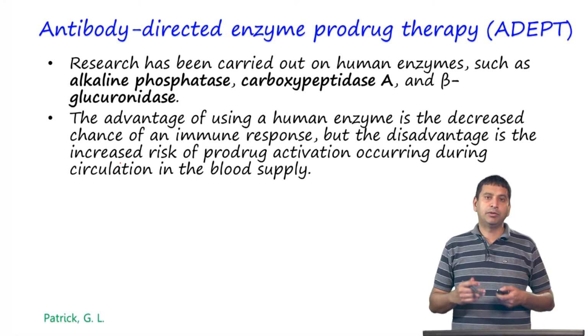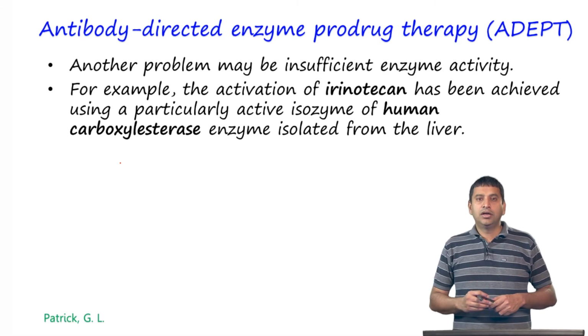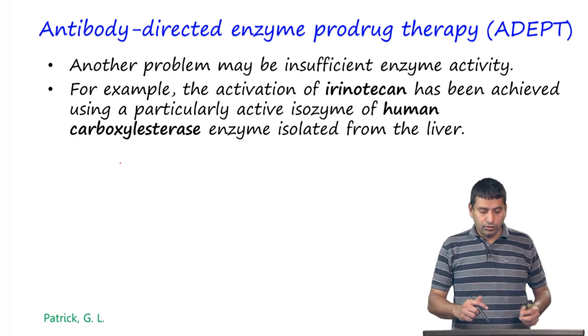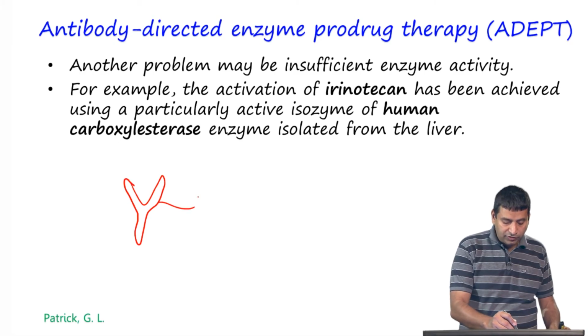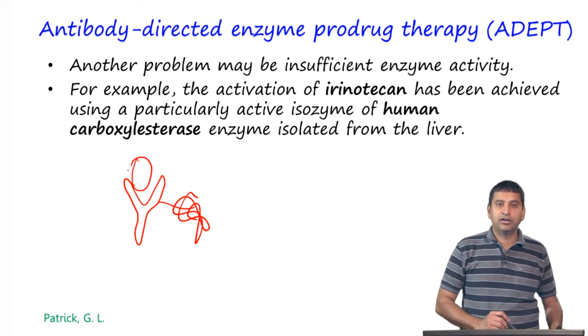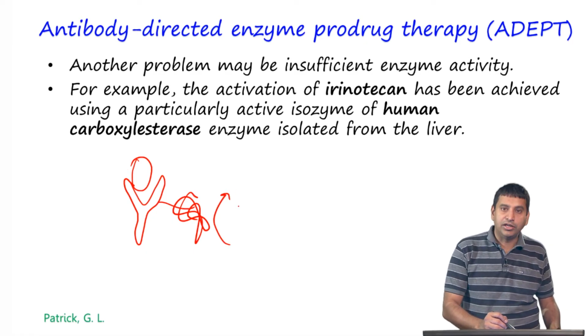Especially, for example, if they are present in the blood supply, then the prodrug would be activated in the blood as well. Another problem associated with ADEPT is insufficient enzyme activity. If you conjugate this antibody with an enzyme, and the antibody is very good at targeting the tumor site, the enzyme still has to be very active.